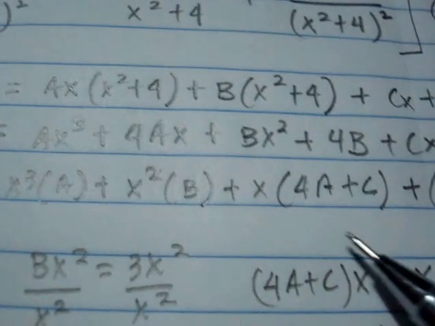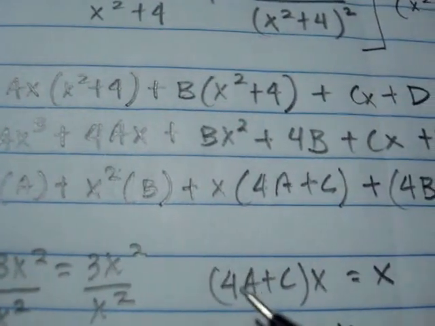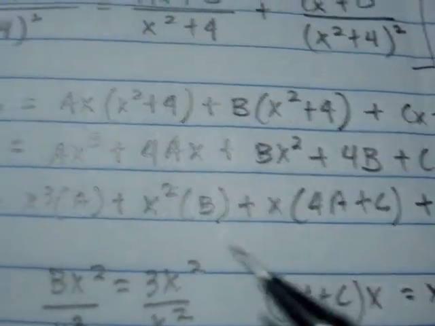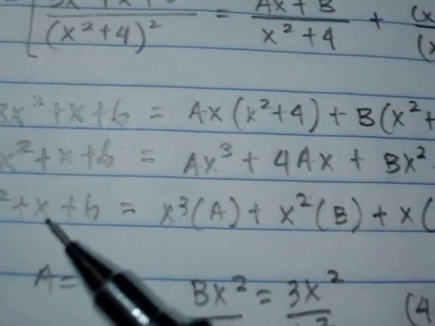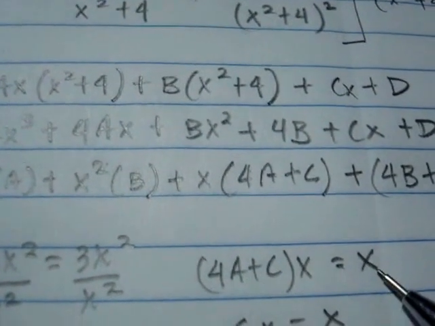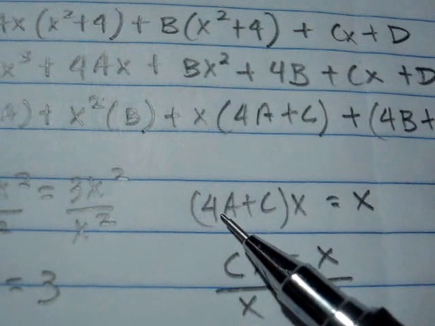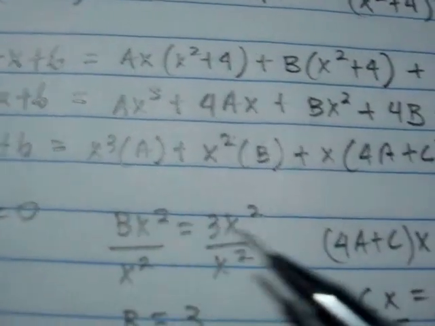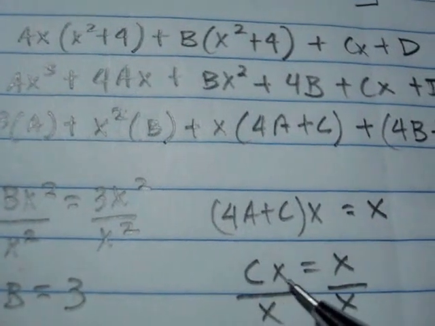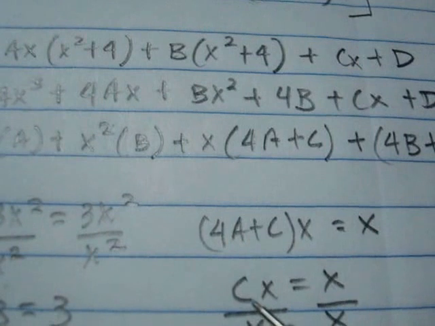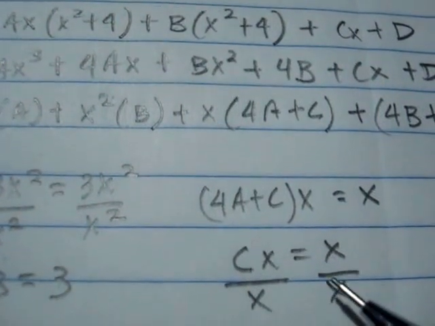As for this one, the 4a plus c times x, it matches the left hand side's x. So you set them together and solve for it. The a right here is 0 because we solved it earlier. So you are left with cx equals x. To solve for c, you divide by x on both sides.